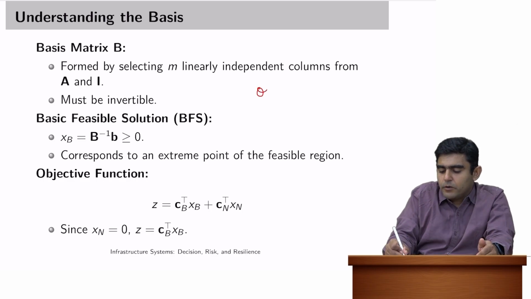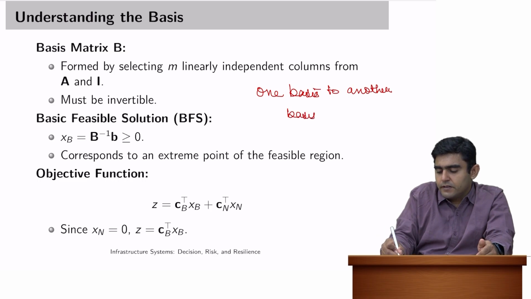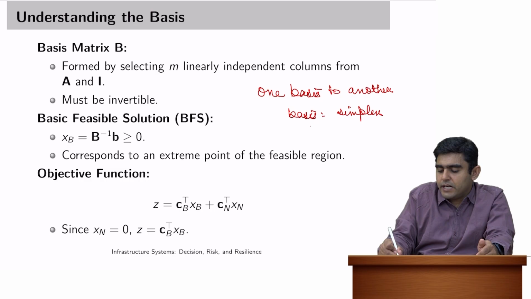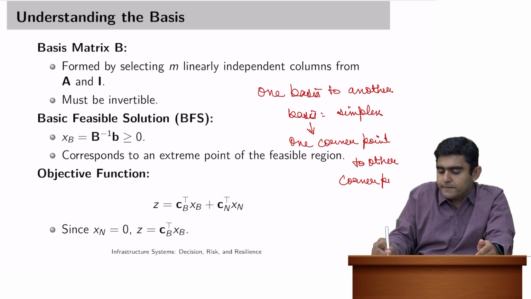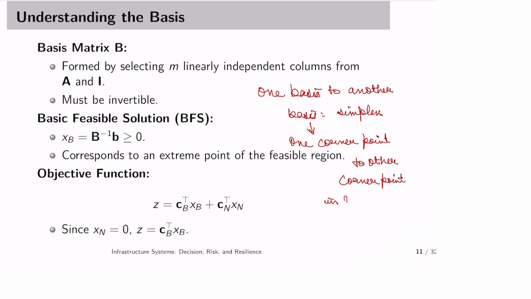We will move from one basis to another basis in the simplex method, and we will always ensure that when we move from one basis to another basis, we are always moving from one corner point to another corner point in the most efficient manner.